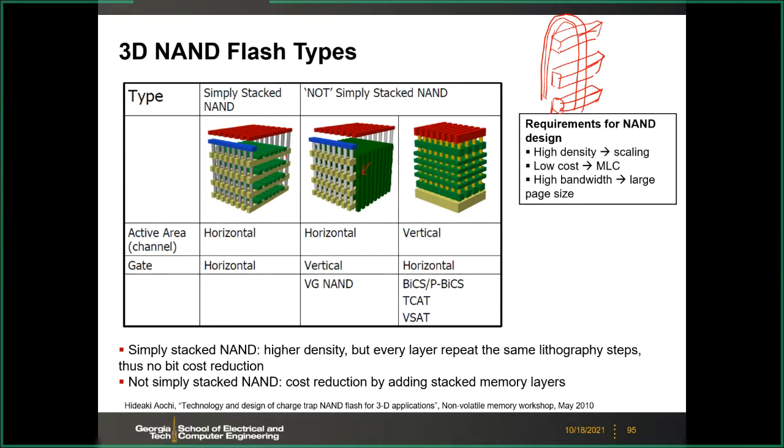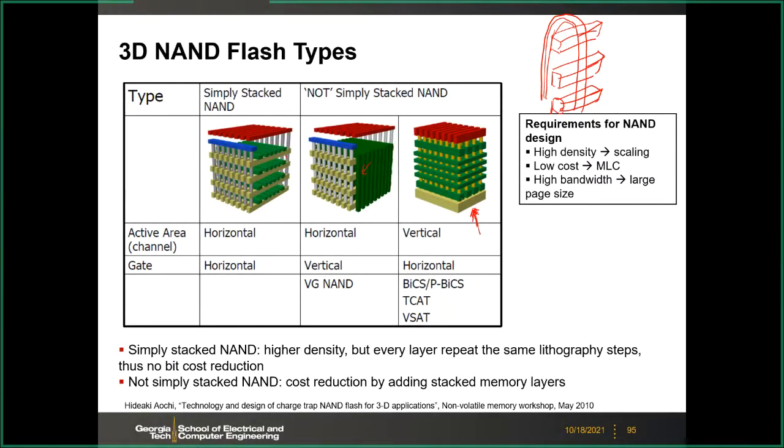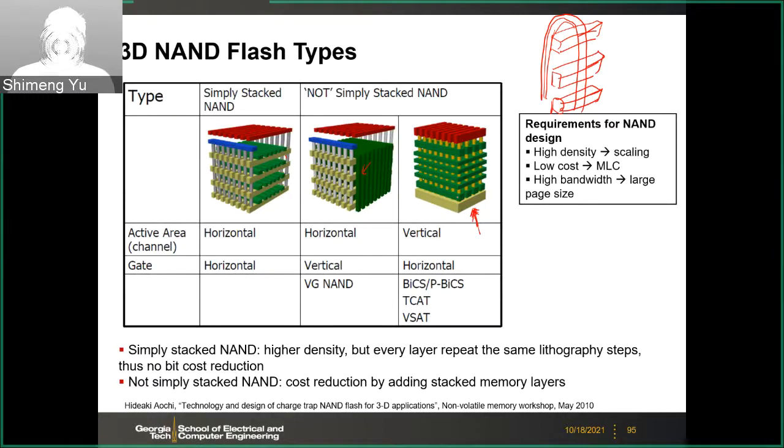And then finally, this one was used in the real product. This is called the vertical channel. This is like the vertical gate-all-around transistor, which we discussed before for the future generations of DRAM access transistor. What you want to do is to build a vertical nanowire. This is your channel.